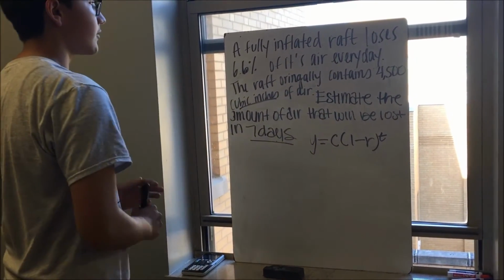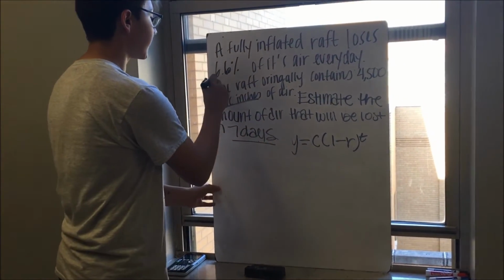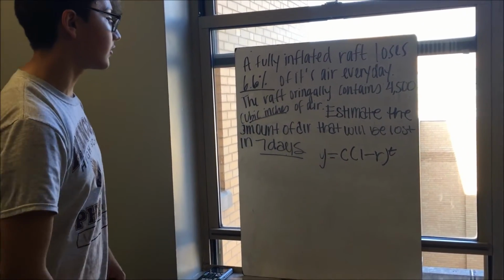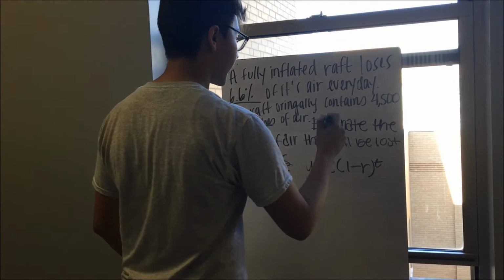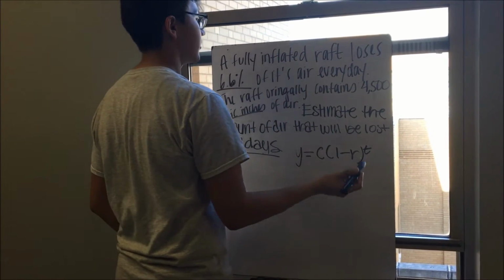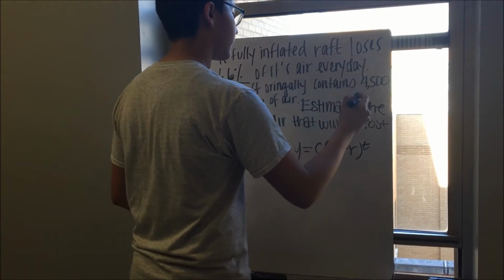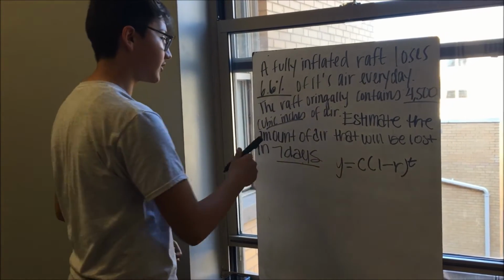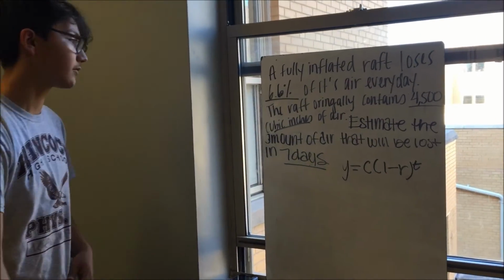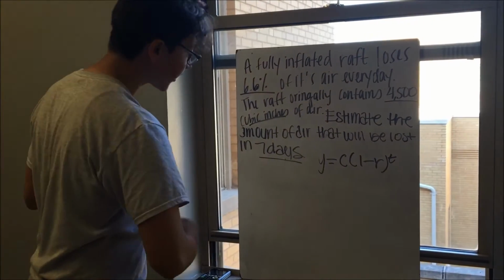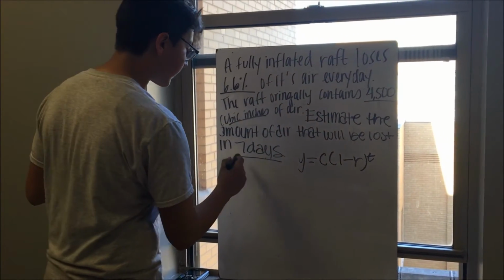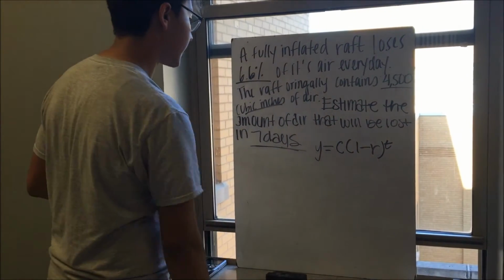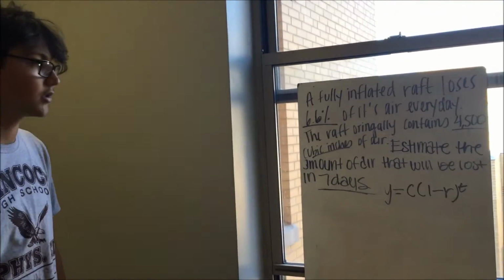From here we can tell that the rate is 6.6%, because it loses 6.6% every day. 4,500 cubic inches is the starting amount, since the raft originally contains 4,500 cubic inches of air. 7 days will be our time, because we're trying to find out how much air it loses in 7 days.